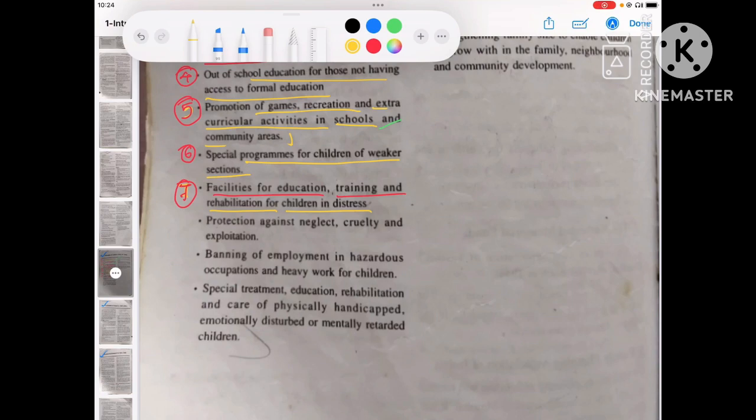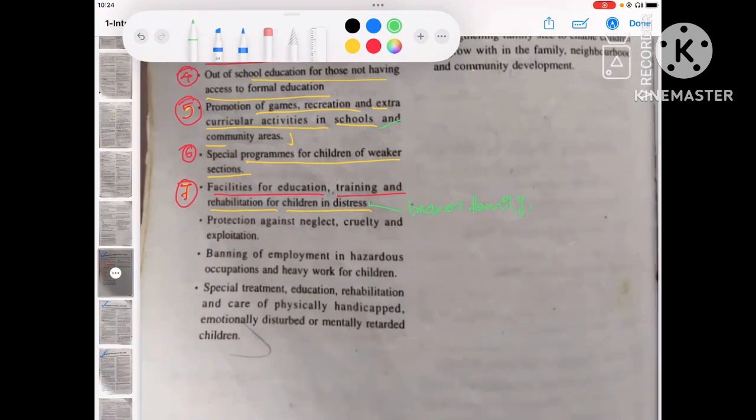Children from broken families, who have any stress or depression, distress or depression, for those children they will provide education, training and rehabilitation.